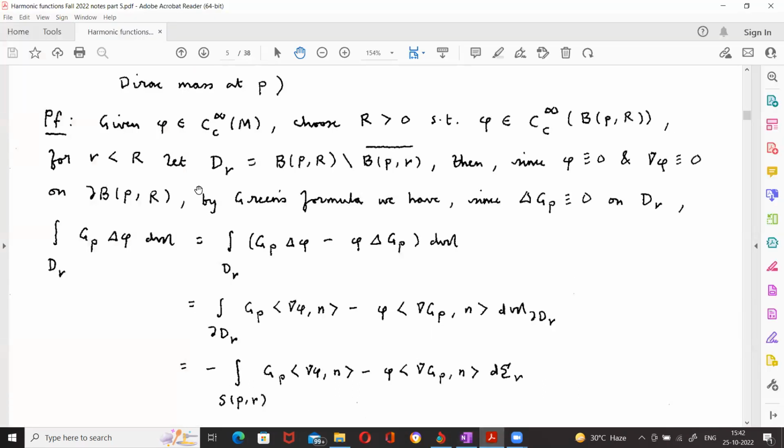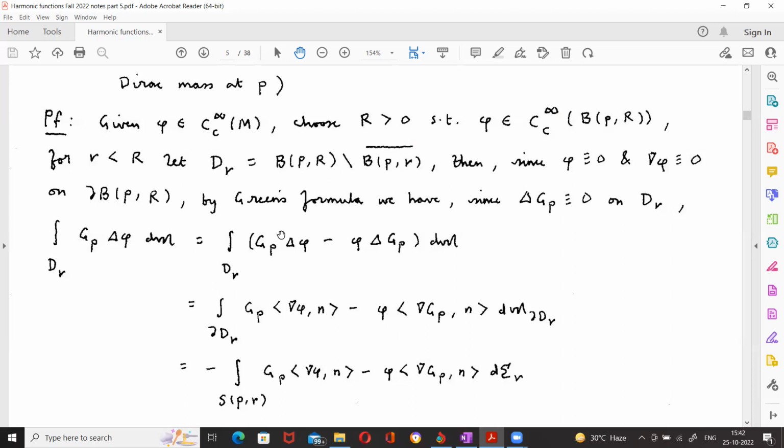So we apply Green's formula to this annulus. D sub r is the large ball of radius capital R minus the small ball of radius little r. By Green's formula, the integral over D sub r of g_p Laplacian phi, I can write as the integral of g_p Laplacian phi minus phi Laplacian g_p, because the Laplacian of g_p is 0 on this annulus.